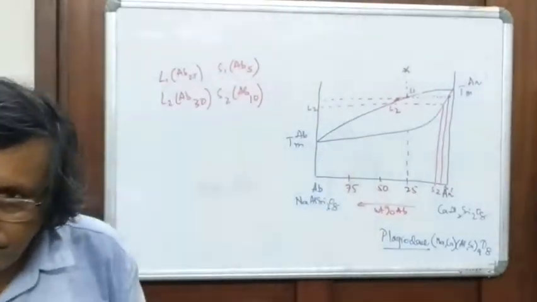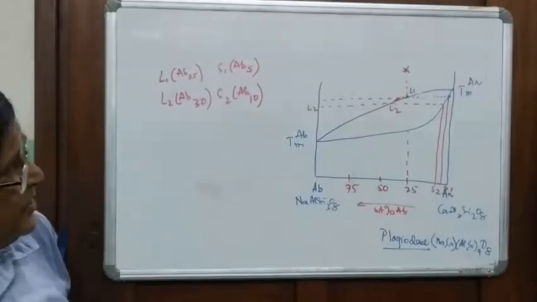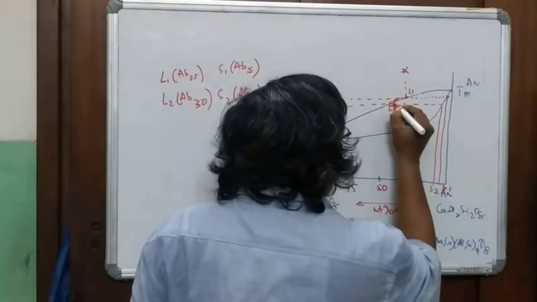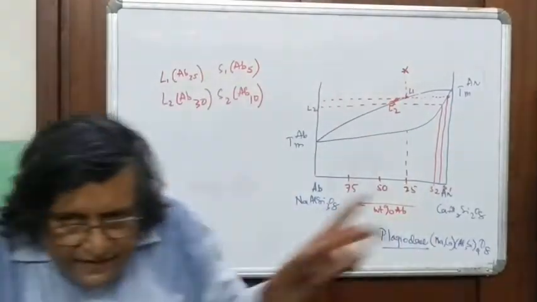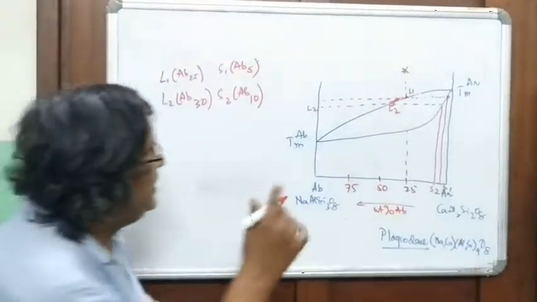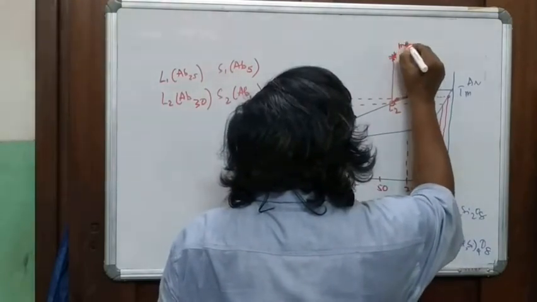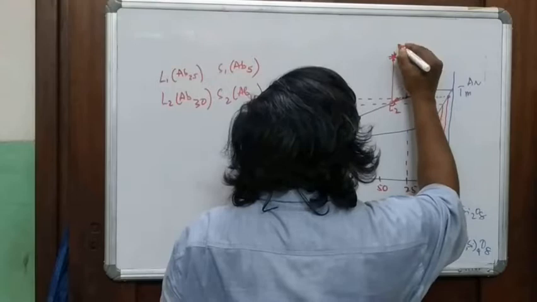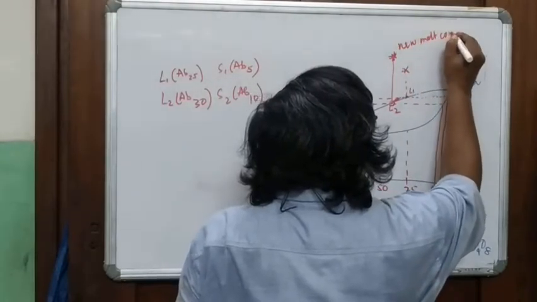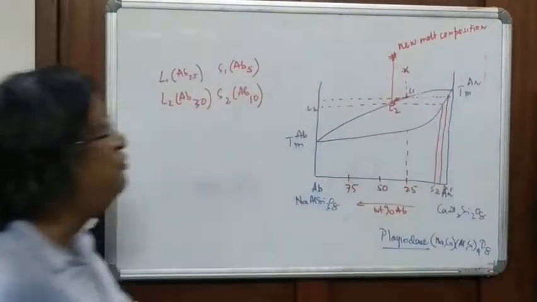Now what is happening here? The moment you do that, this L2 that is there now doesn't have any crystal. So now this L2 becomes the new melt composition.